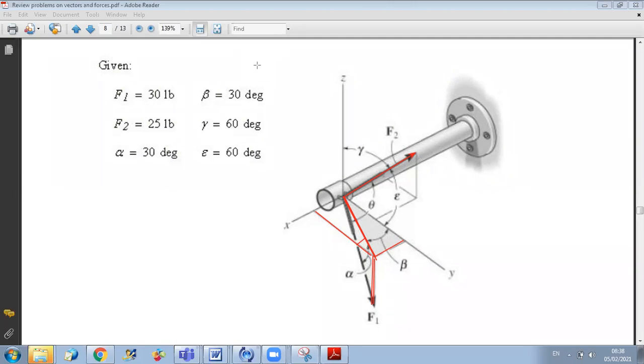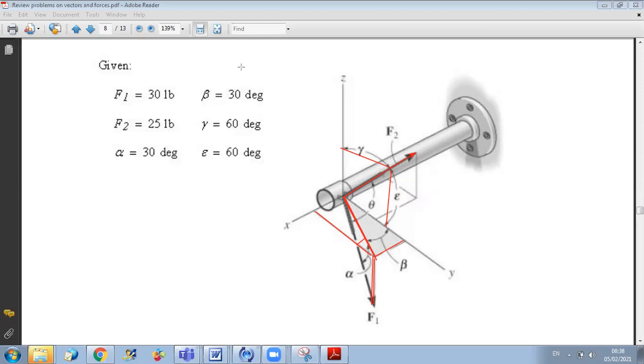Okay, so for F2, they gave us first the angle of F2 with Z, it's gamma. The angle of F2 with Y, it's epsilon. They didn't give us the angle with X, they just gave us the angle with Z and the angle with Y.